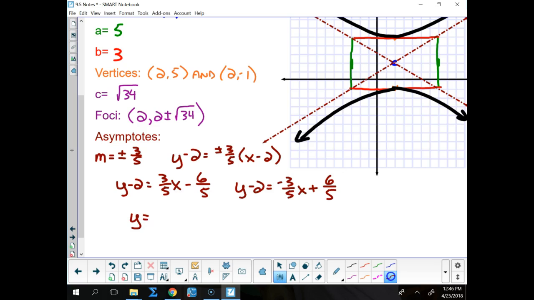So y is going to equal positive 3/5 x plus 4/5, and y is going to equal negative 3/5 x plus 16/5. Yeah, buddy!